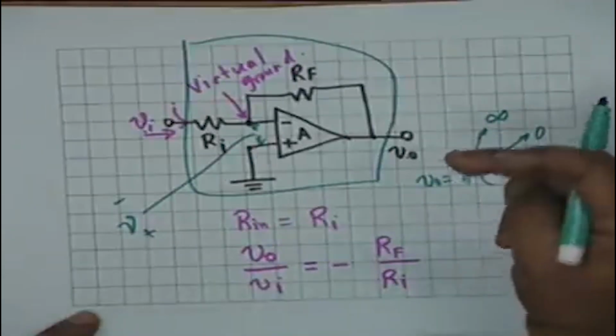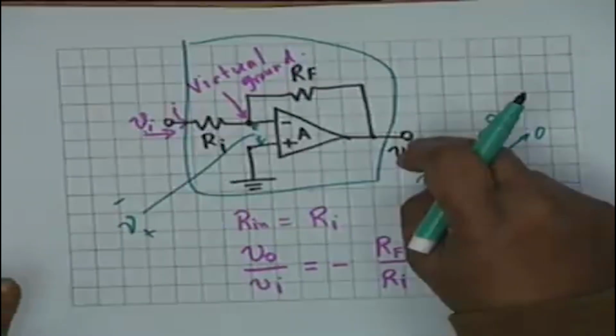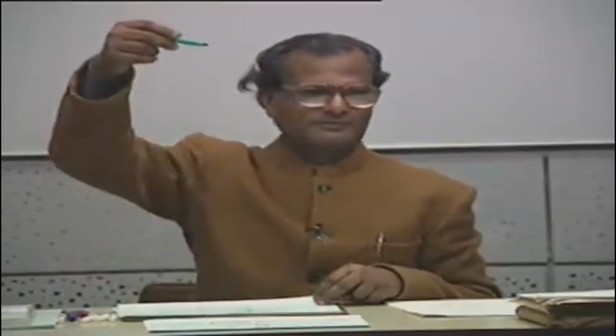So if the power supply is plus minus 12 volt, V0 will saturate. It cannot go beyond plus 12 or minus 12. It saturates at either plus 12 or minus 12. So if you apply directly, let's say, a 1 millivolt source at the op amp input terminals, what you will see at the output, if you put in a CRO, is that the baseline will go up to plus 12 or down to minus 12, and it will stay there. So it saturates. Is there any other question?